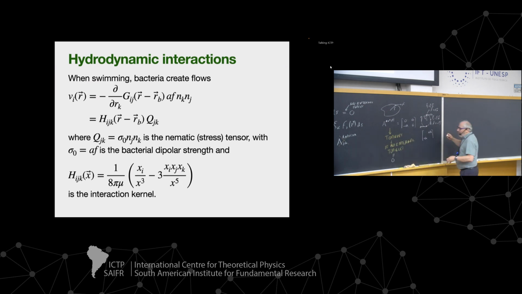I'm going to finish here. So A_ijk is symmetric. And you know from linear algebra, freshman physics, that a symmetric and real matrix can be diagonalized.